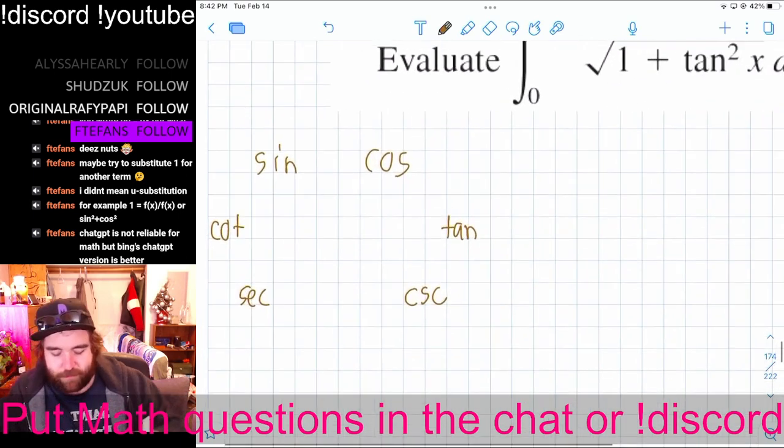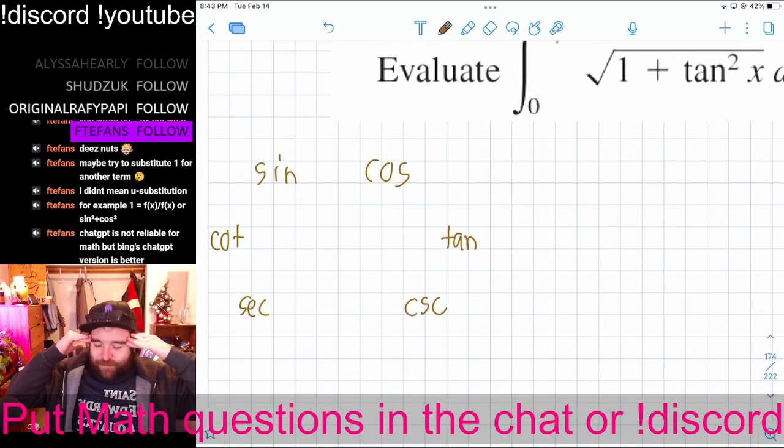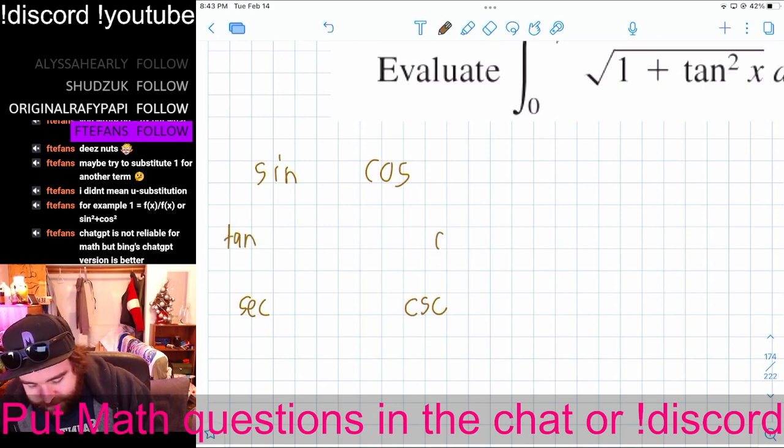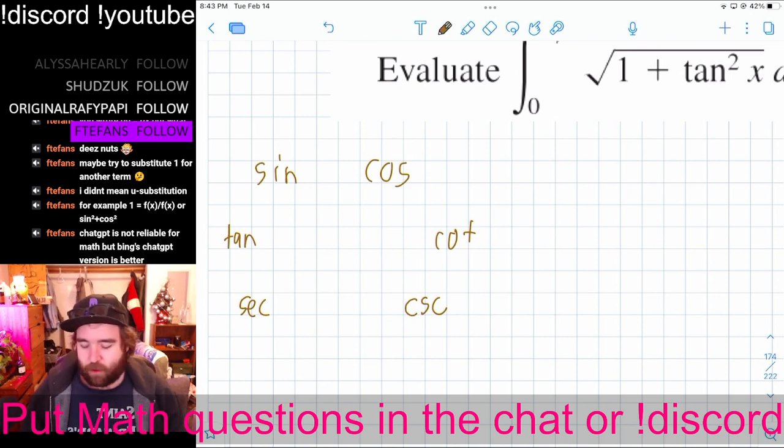Oh my gosh. That's not correct, is it? I don't know what I'm trying to do. That's not how it works. Tangent is over here and cotangent is over here. Because tangent equals sine over cosine. And cotan equals cosine over sine.